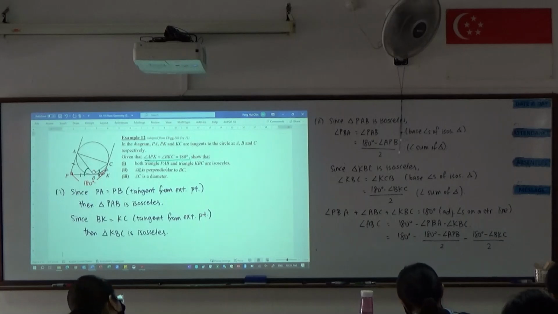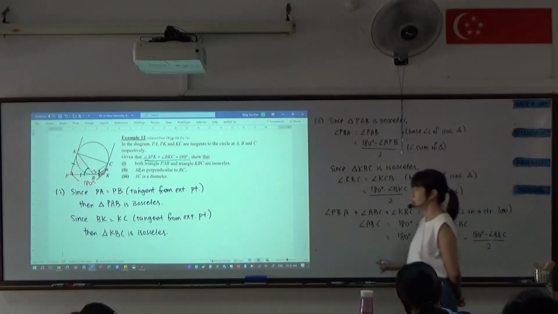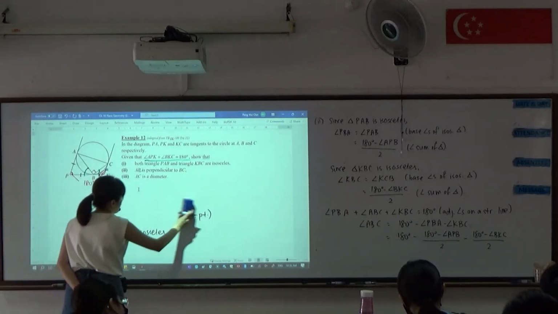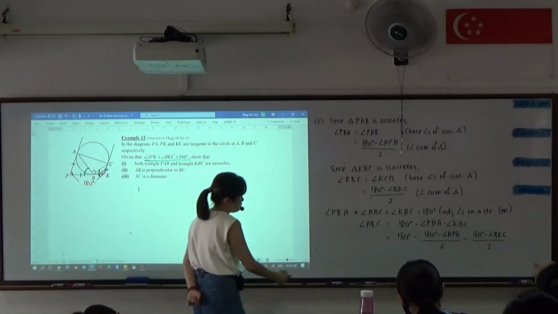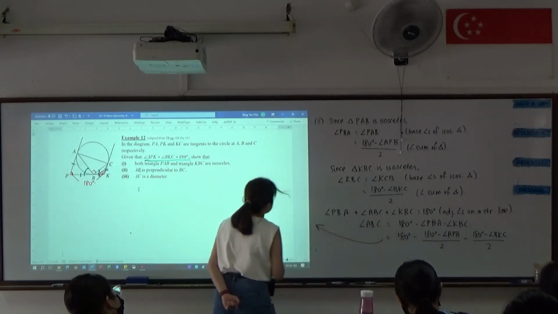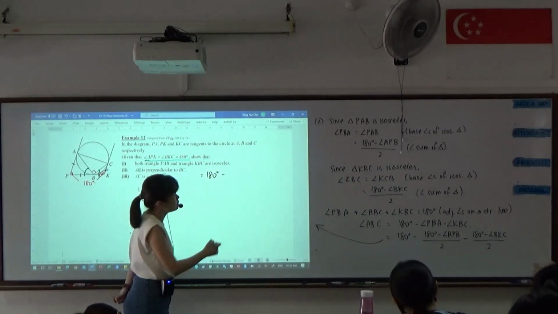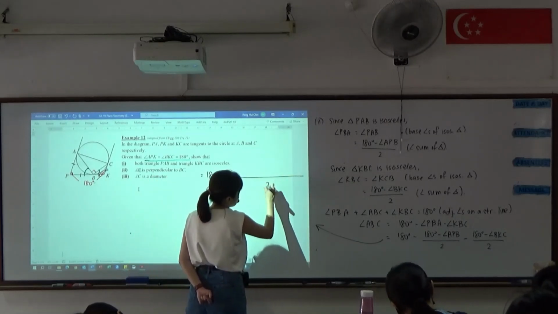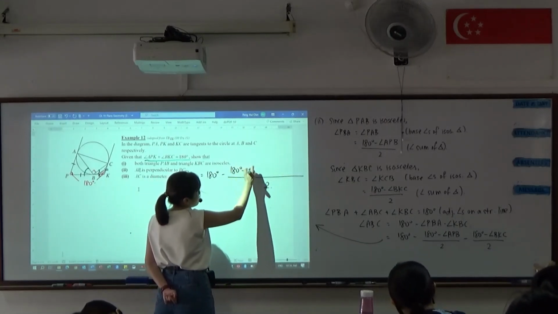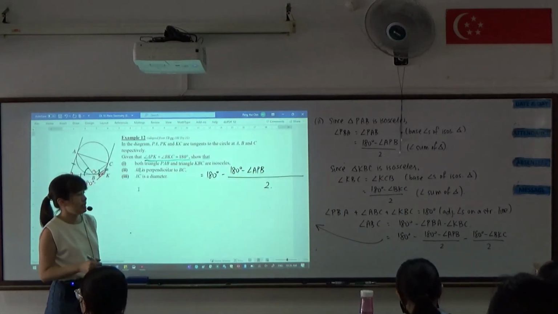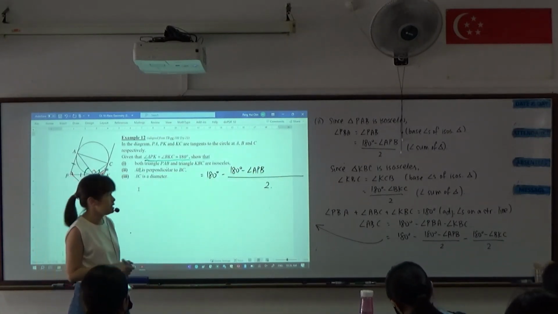And then the next few steps will be a matter of your algebraic manipulation. Continue it over here. I make the two fractions have the same denominator of 2. The first fraction on the left will still remain as 180 minus angle APB.